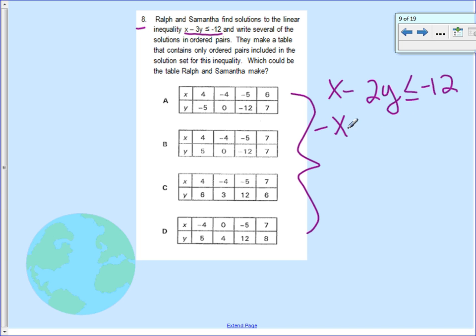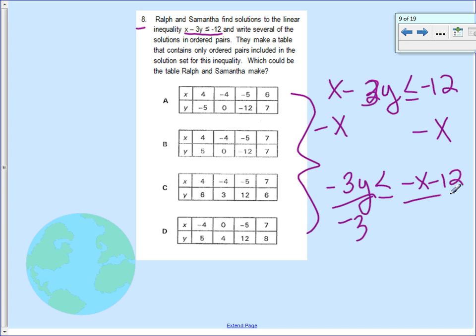So I'm going to subtract x on both sides. So I have -3y is less than or equal to -x minus 12. Then what do I have to do? Divide by -3. What happens when I divide an inequality by a negative?